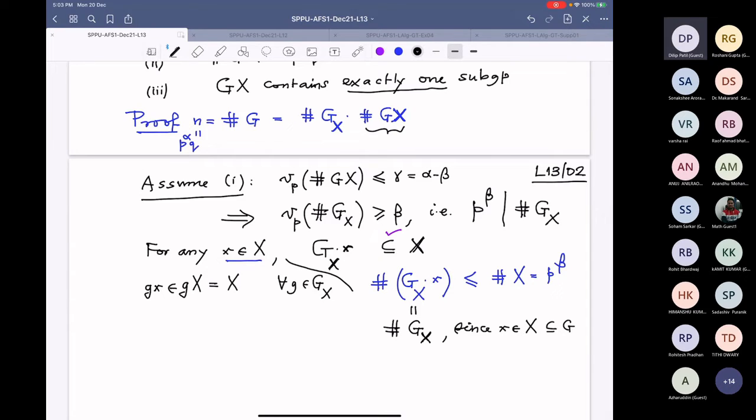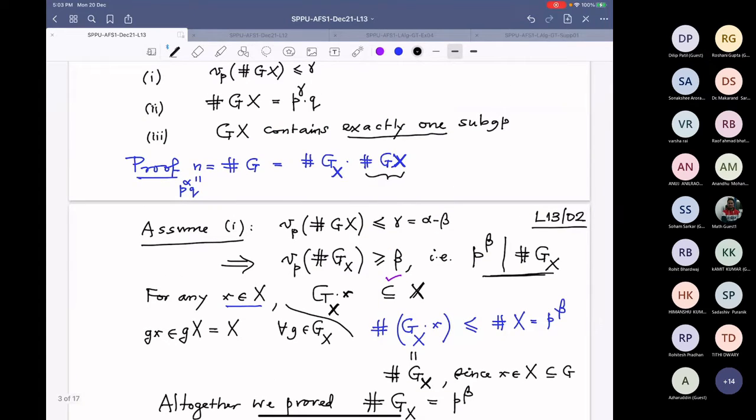But we have just decided P power beta divides this. So altogether, we proved the cardinality of the isotropy is P power beta. So did we not prove 1 implies 2? We proved it.